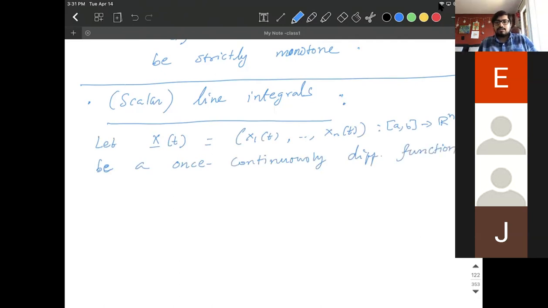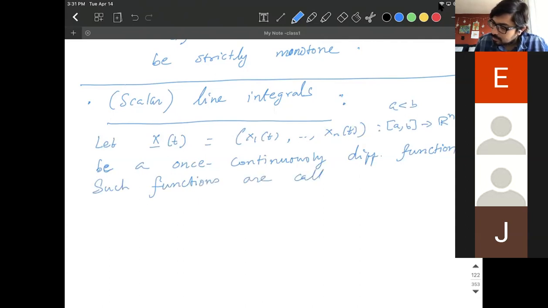So this is the setup that we need. So a comma b, we take a less than b. So such functions are called the paths in Rn.